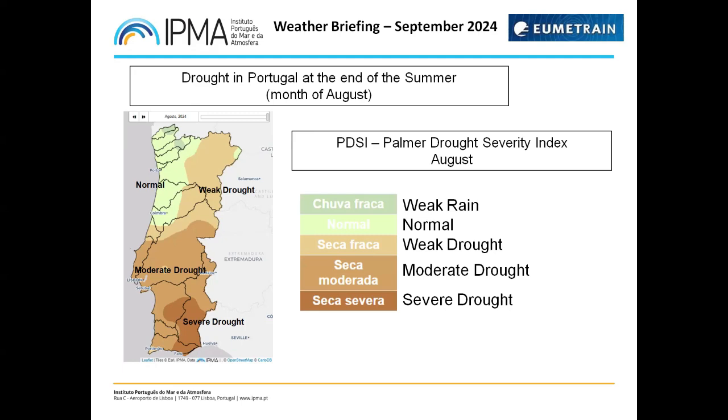Looking at the map, we can see that August ended with a drought situation classified as normal for the northern littoral region, weak in the northern inland, moderate in most of the central and south regions, and severe in the southeast region.